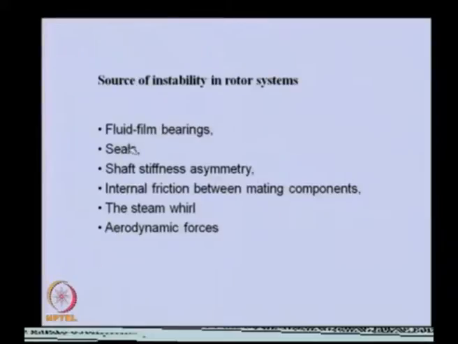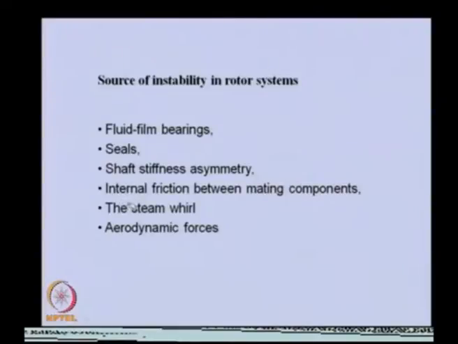Apart from that, seals also give instability, especially in high speed rotor applications. Shaft stiffness asymmetry also gives instability in the rotor system. Apart from this, internal friction or hysteretic damping, or even the damping between two mating components in a rotor, can give instability. These instabilities with a simple model of the rotor we will investigate in detail in subsequent lectures.